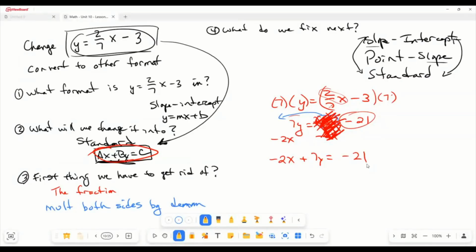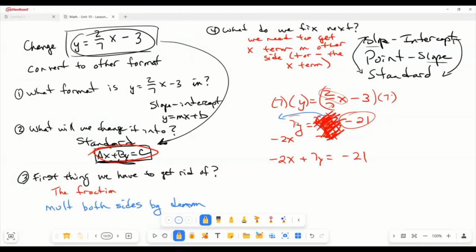What is wrong? So up here, what do we do to fix it? We need to get the x term on the other side. Add or subtract the x term. You're either going to add it or you're going to subtract it. Here, it was positive 2x, so we subtracted it.